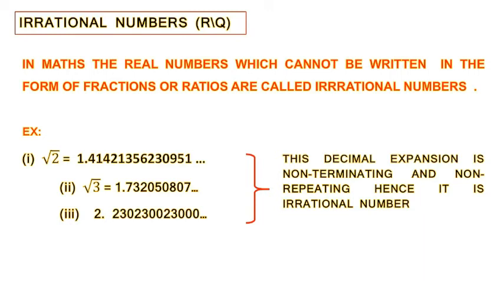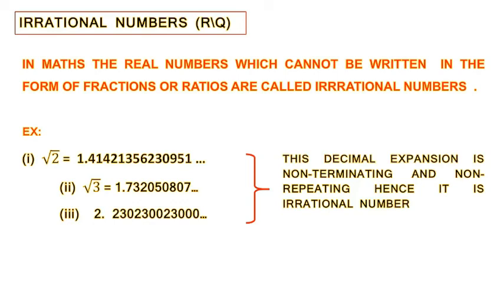Next, we will learn about irrational numbers. The real numbers which cannot be written in the form of a ratio or fraction are called irrational numbers. Take the square root of 2, we get the decimal expression 1.41421335.